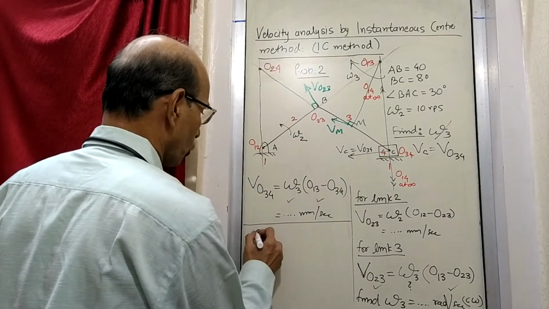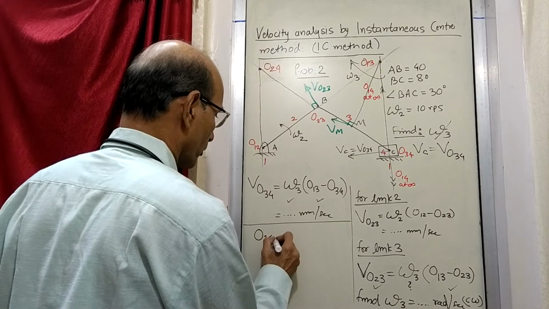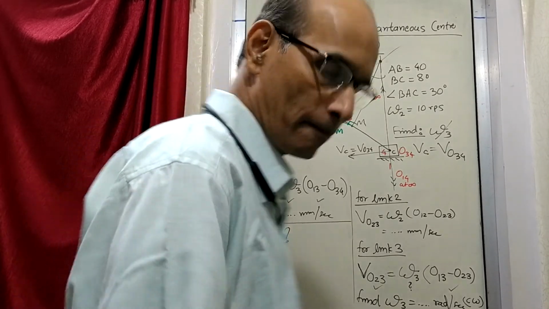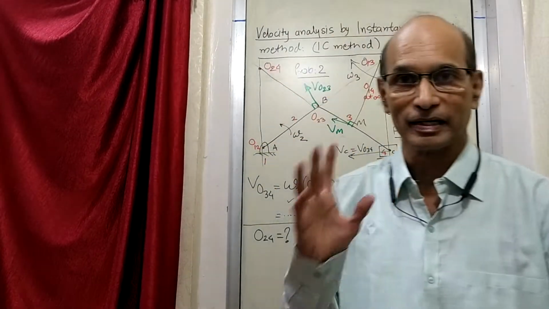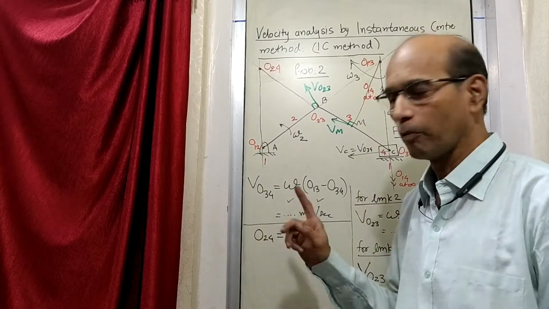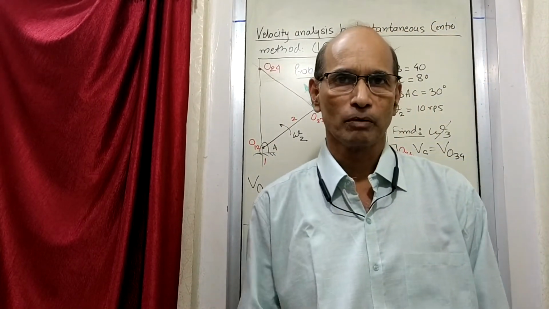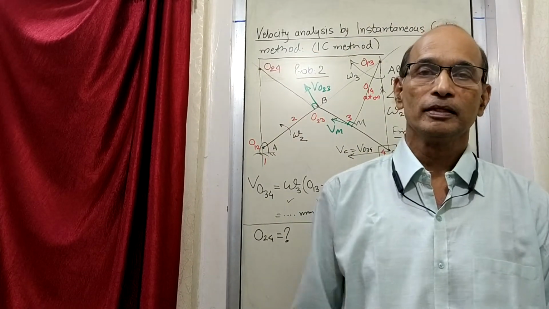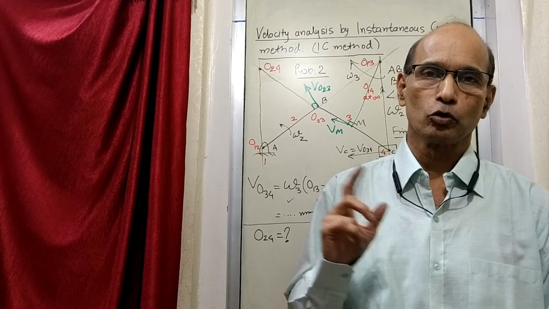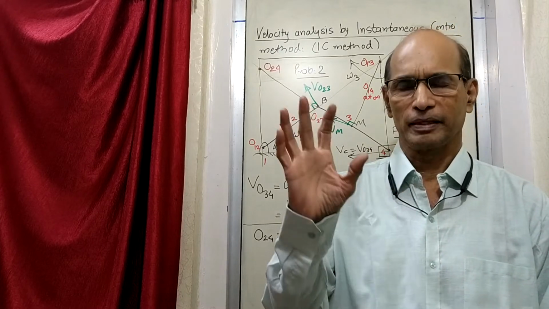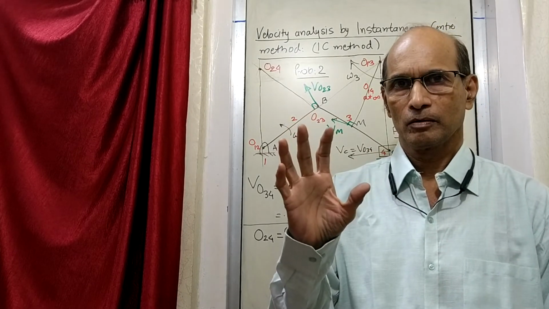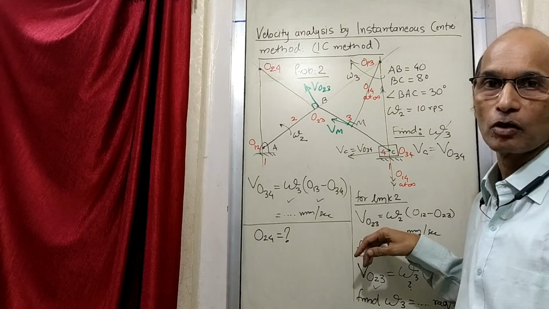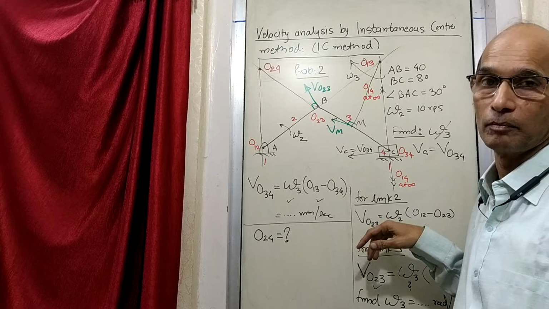Look at point O24. Now listen to this very carefully, it is very interesting. What can you say about point O24? Take point O23 first. It is a point which is on link number 2 and also on link number 3.